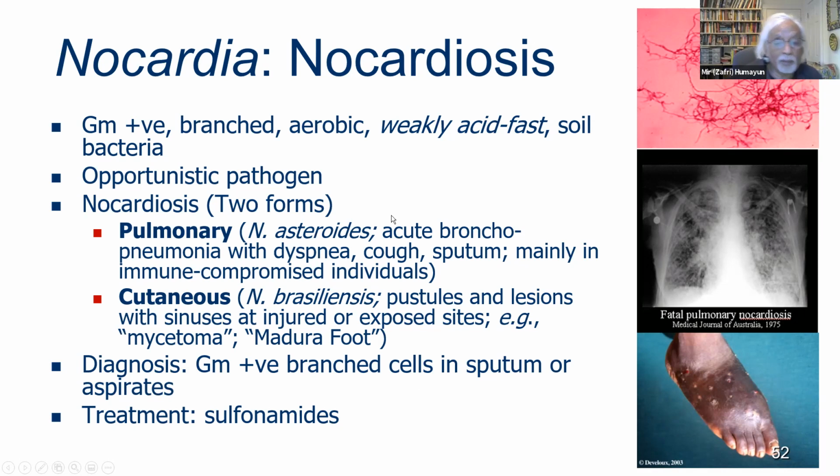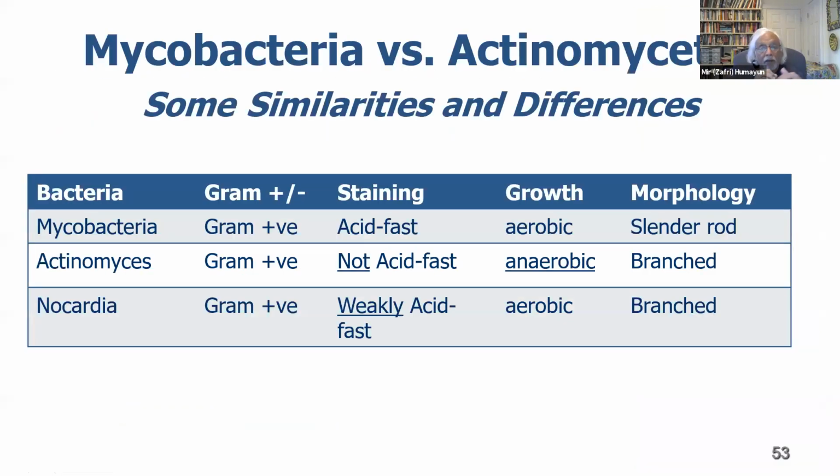So we come to the last slide where I have prepared a summary table to highlight important features and differences between the three different sets of bacteria that we considered in this lecture. On the left column are the three major groups: mycobacteria, that includes everything: TB, leprae, and atypical mycobacteria.